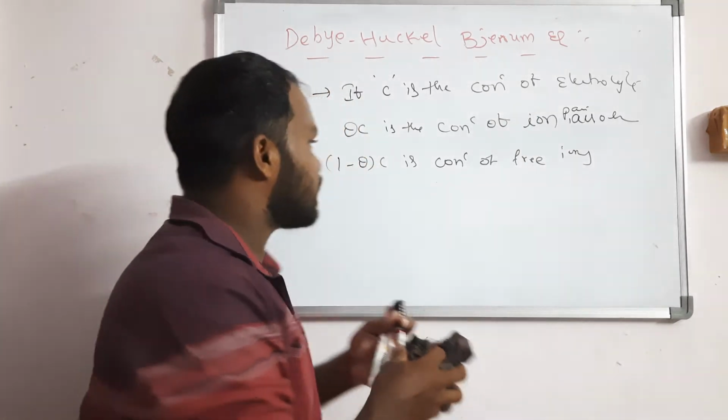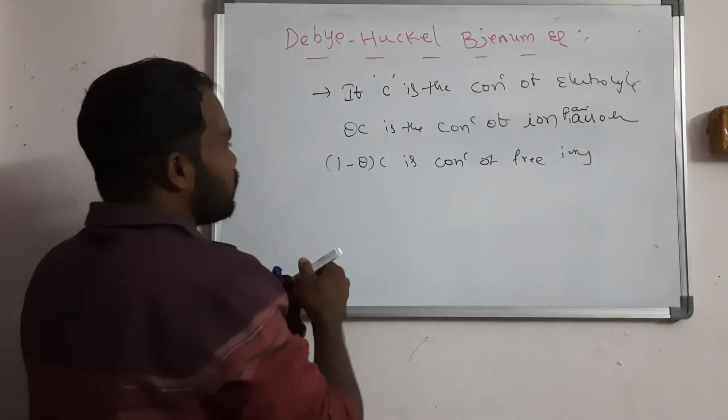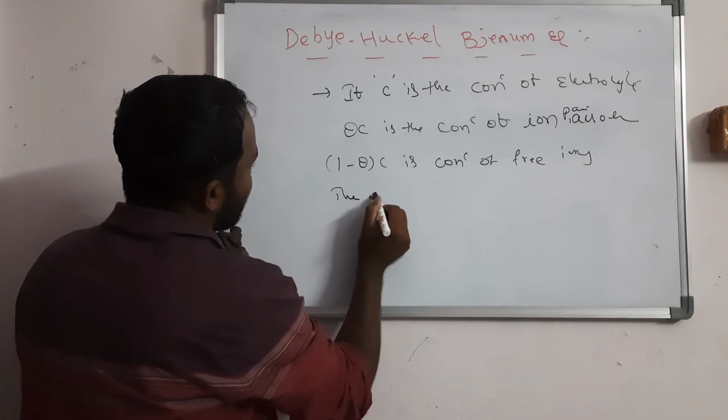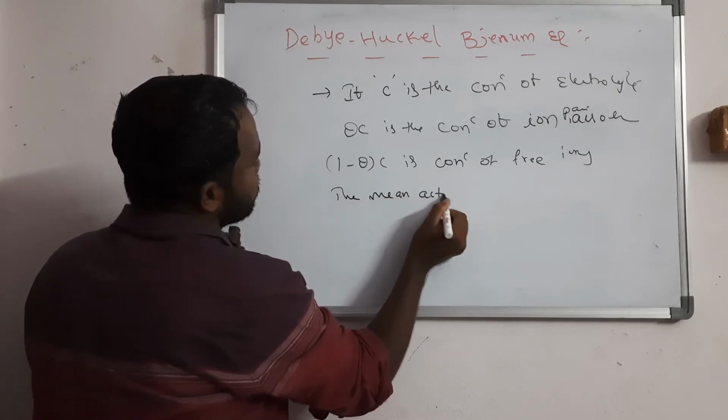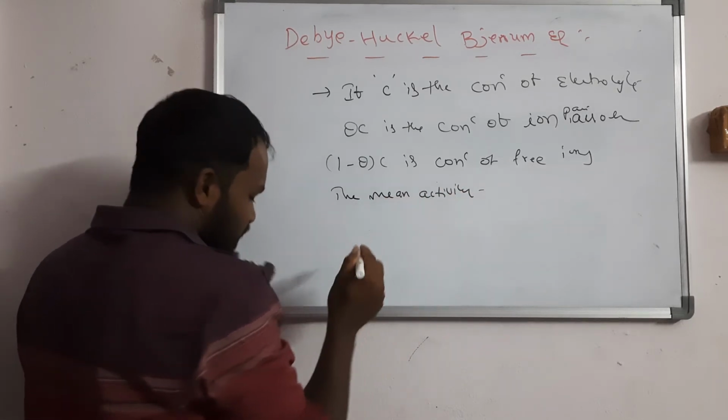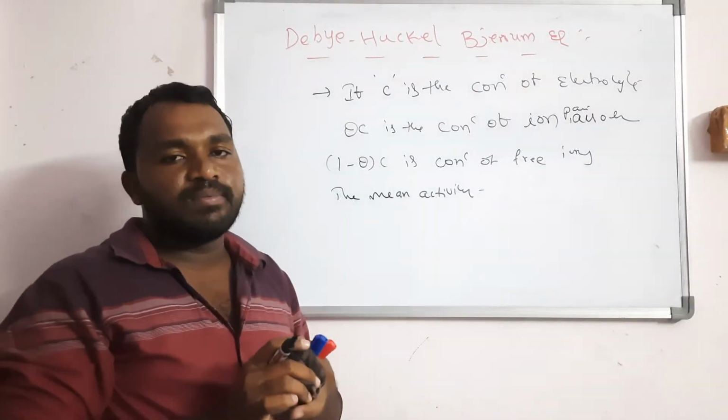So the mean ionic activity coefficient is given by the extended form of the Debye-Hückel law.